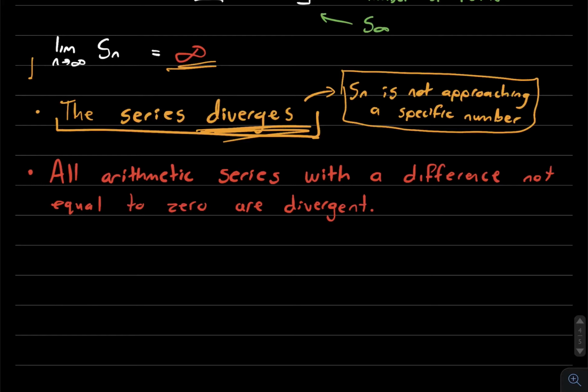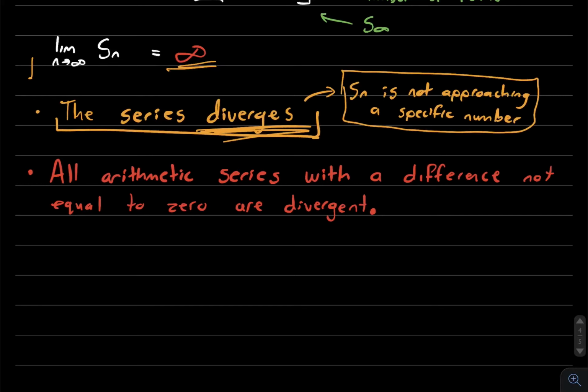Okay? And even if the difference is equal to 0, they can still diverge. So just don't pay much attention to the not equal to 0 part, because it might be a bit confusing. But just keep in mind that all arithmetic series are divergent. As n approaches infinity, they'll all diverge, or all the ones that you usually cover will diverge. There are a few special cases, but we won't go into those.